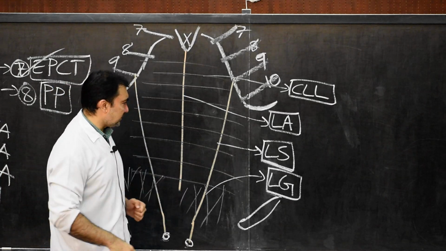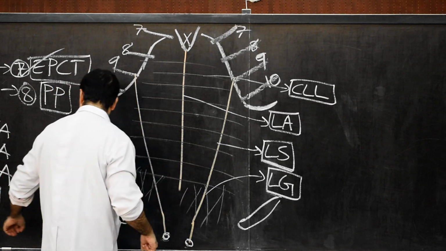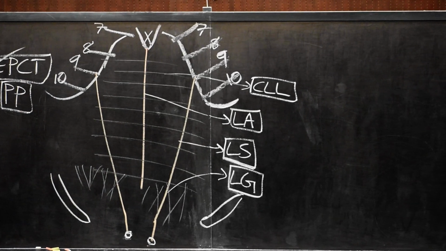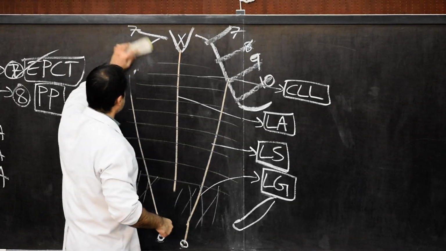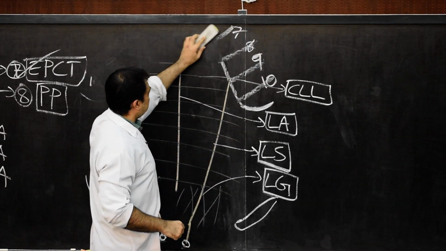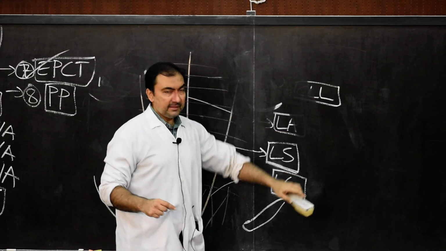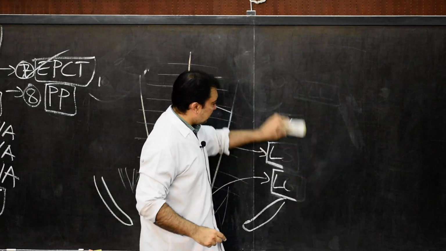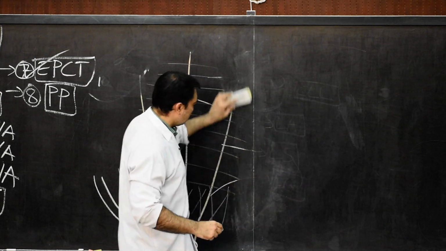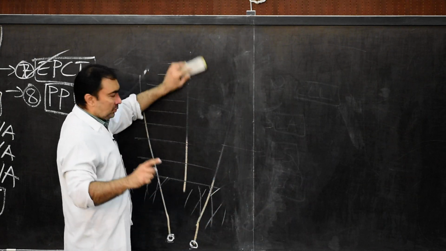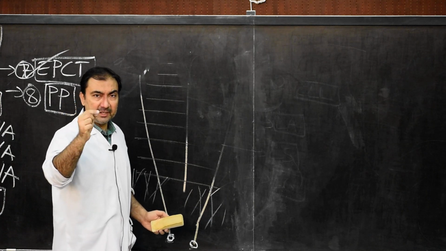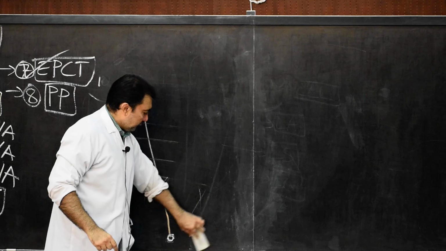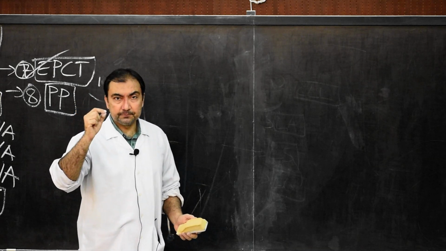In the superficial fascia, let me create some space over here. The entire superficial fascia is divided into basically 2 layers. The outermost layer is the subcutaneous fatty layer, and that layer will be known as fascia of Camper.